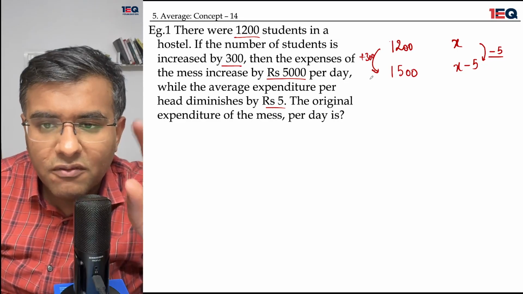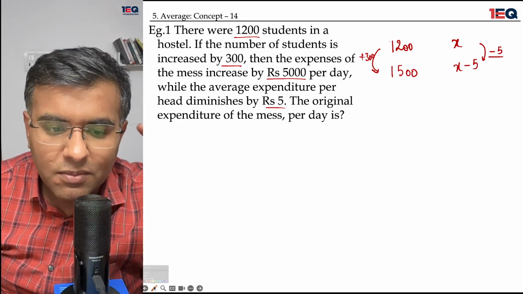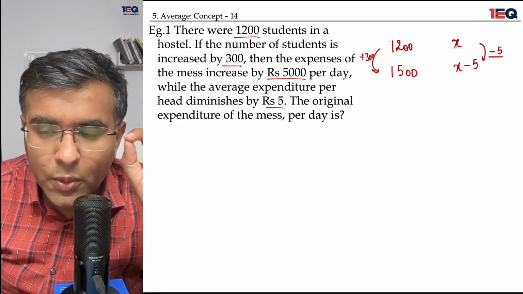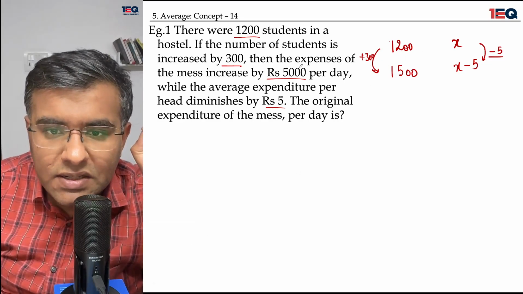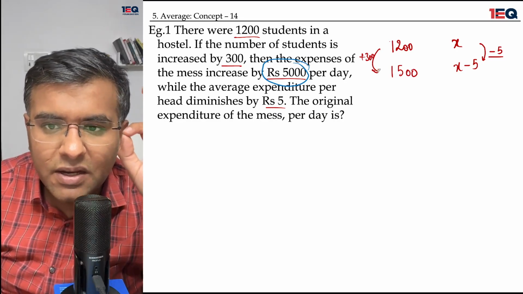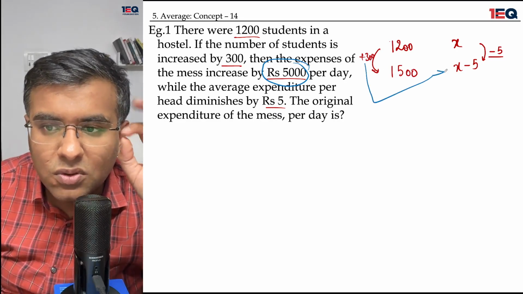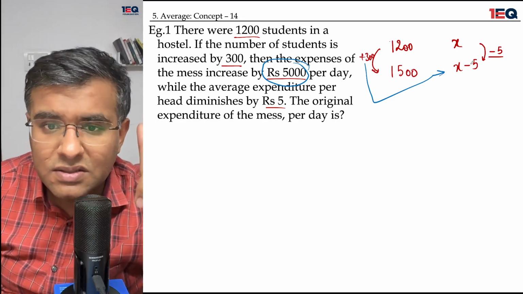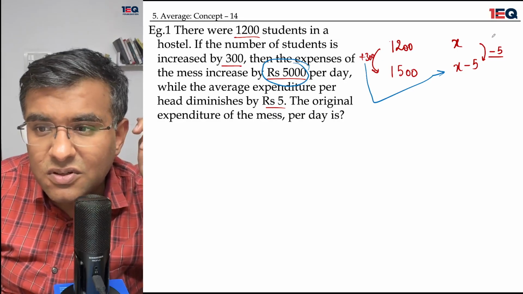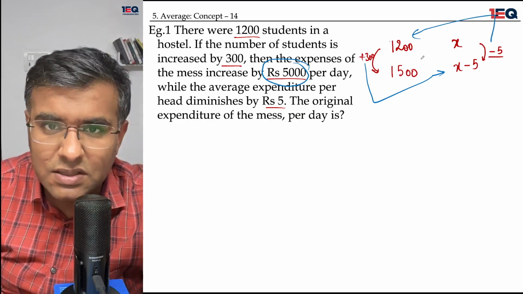Now, when I use the arrow method to solve my question, that point leads to 5000 rupees. The reason behind using the arrow method is that it takes you to the quantity which brought in the change, and the change that was brought in was the 5000 rupees being spent on a daily basis.